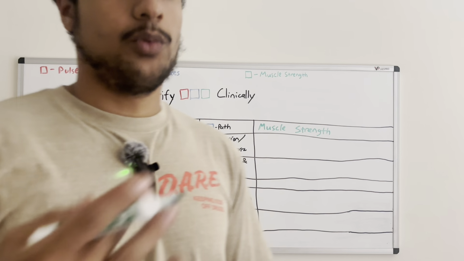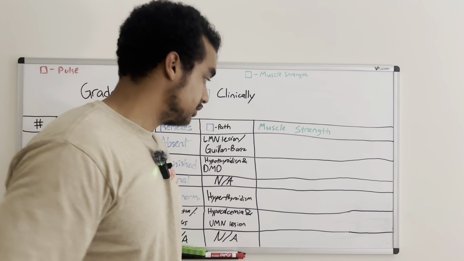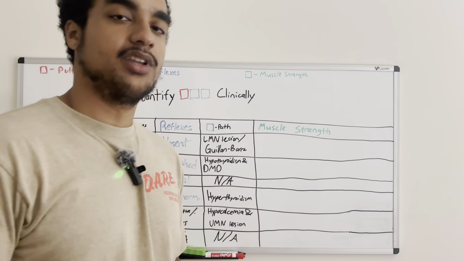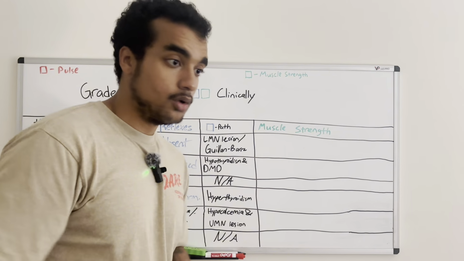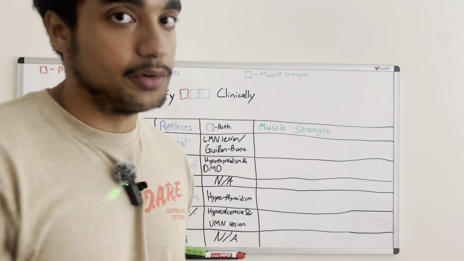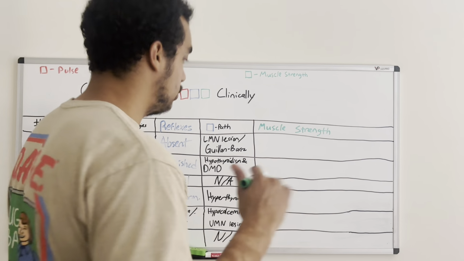So, we know that 5 is normal, but let's go through all the numbers so that we can correctly explain it and that you guys understand what it takes to be grade 0 versus grade 1 versus 2, 4 versus 5. So, grade 0, no movement and no contraction.